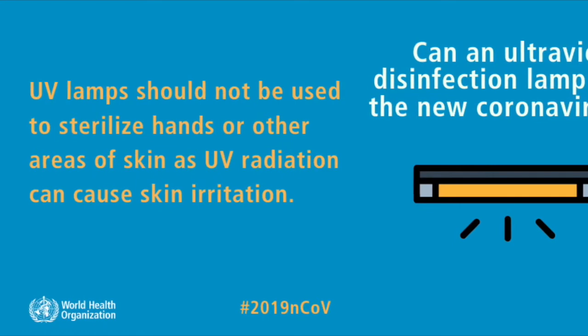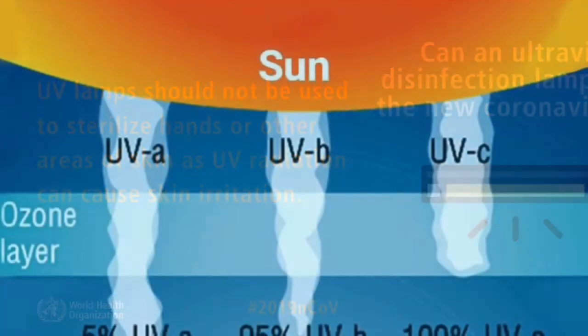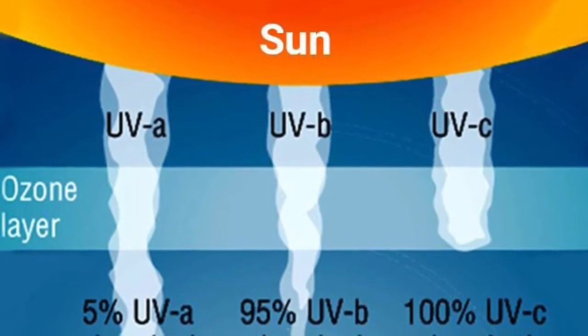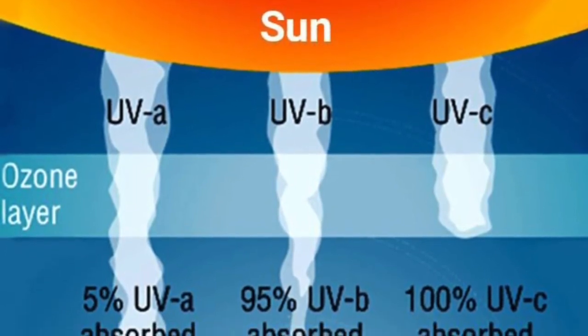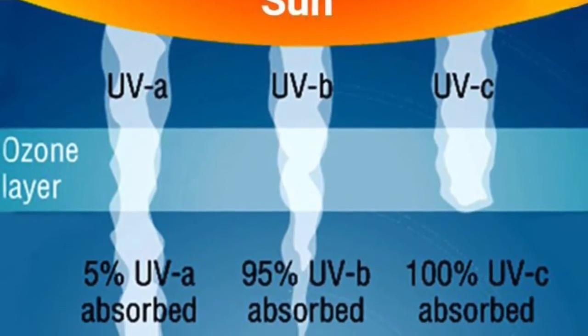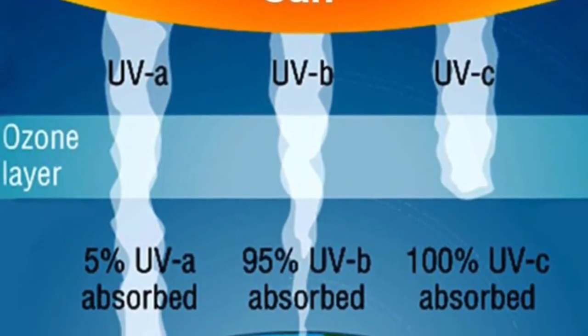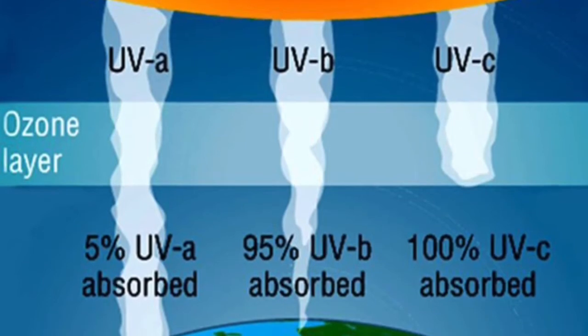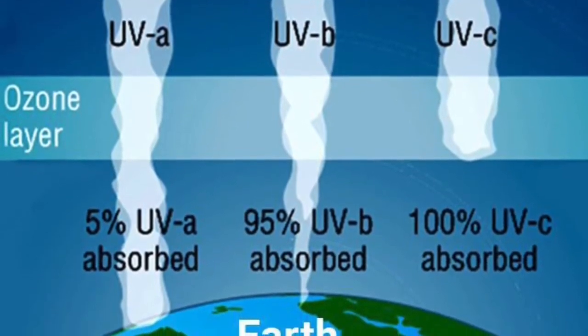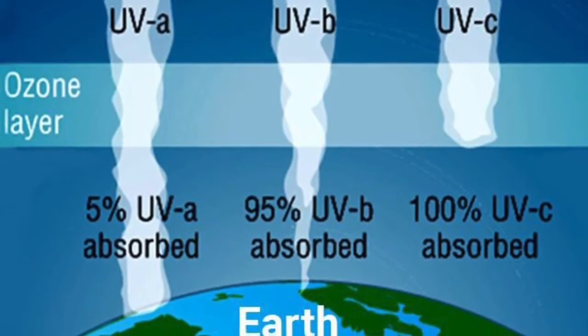The next set of rays to discuss are UVB. These are mostly absorbed by the ozone layer, but still make it to the Earth's surface. So there's definitely a direct correlation between the amount of UVB we get and the ozone layer depletion.